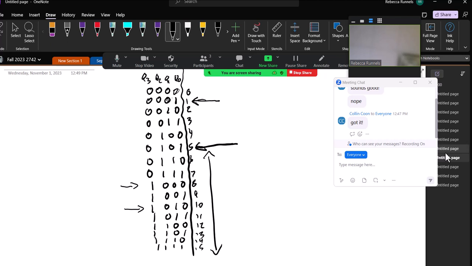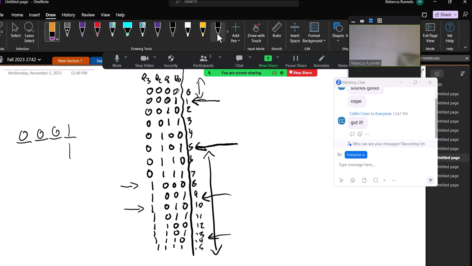So for instance, 1 looks like 0, 0, 0, 1. We already know we can't use just the 1 because the numbers 5, 7, 9, 11, 13, 15, they all have a 1 there. I can't use just the 0 and 1 because if you look, 9 has a 0, 1, 13 has a 0, 1.